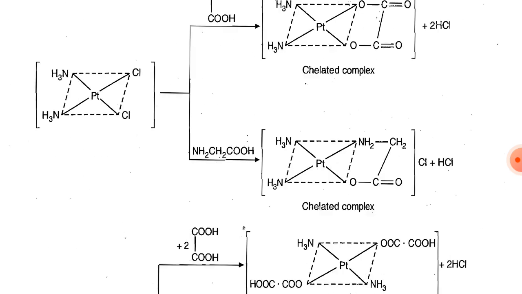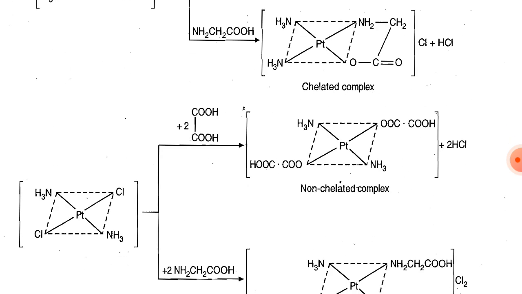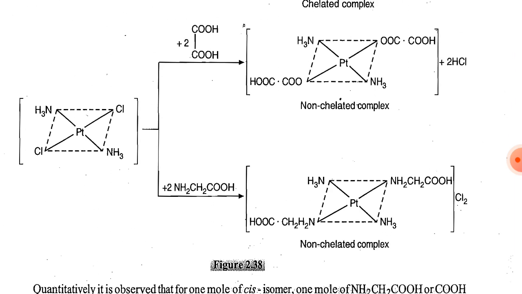When the cis form reacts with the bidentate ligand, it shows a kind of cyclic structure. Whether the donor atoms are the same or not, the cis form still shows the cyclic structure. But in the trans isomer, two oxalic acids are there, but still they do not show any cyclic complex.